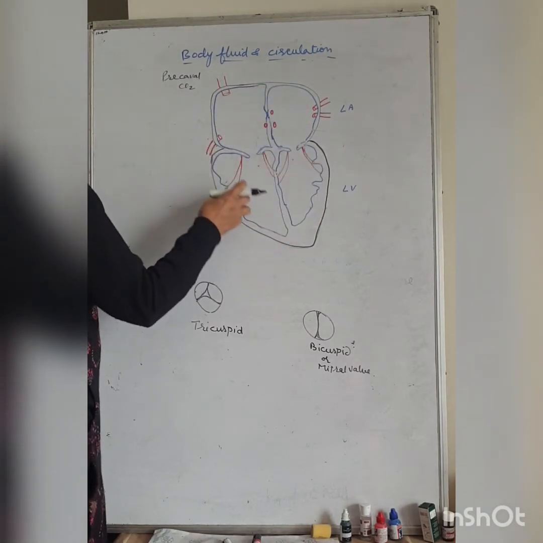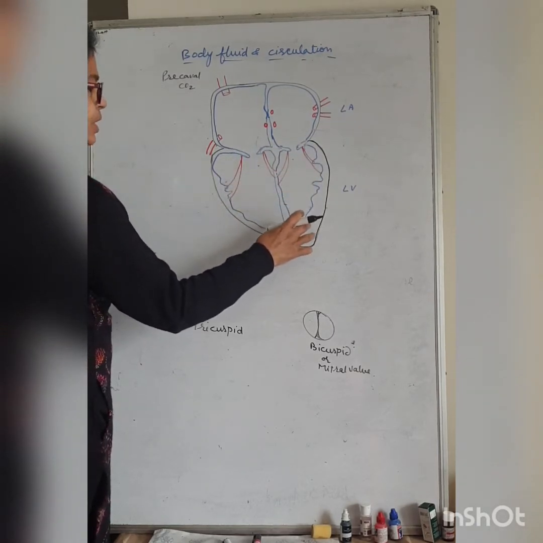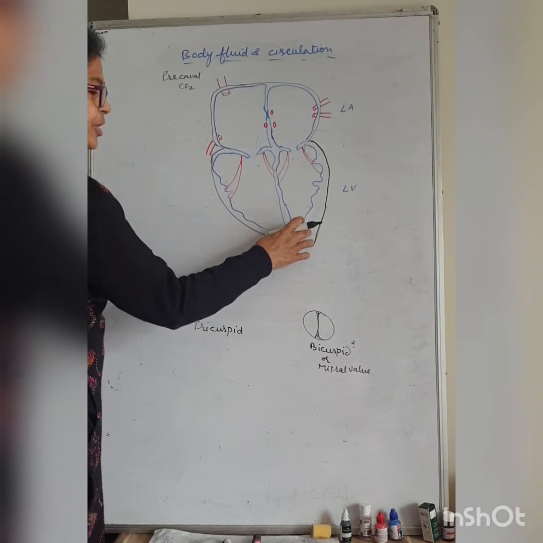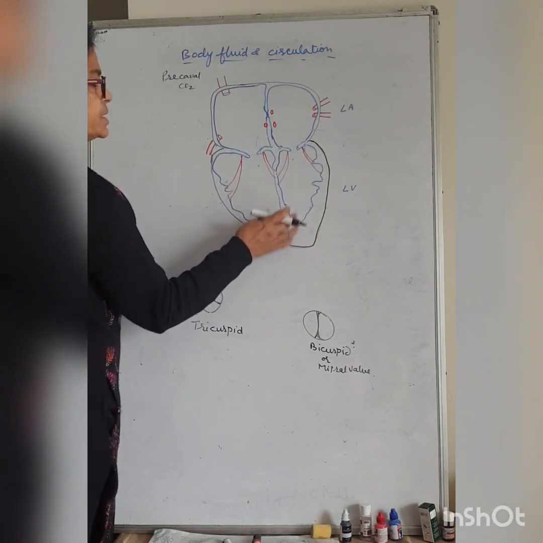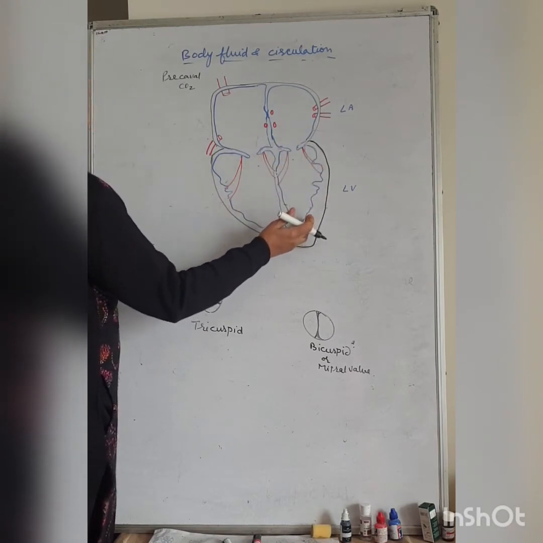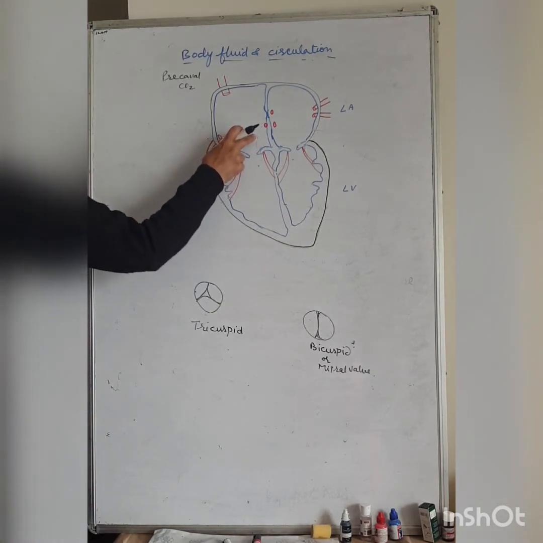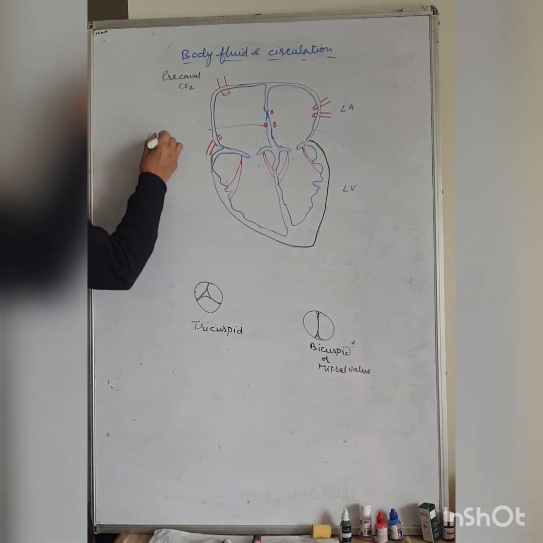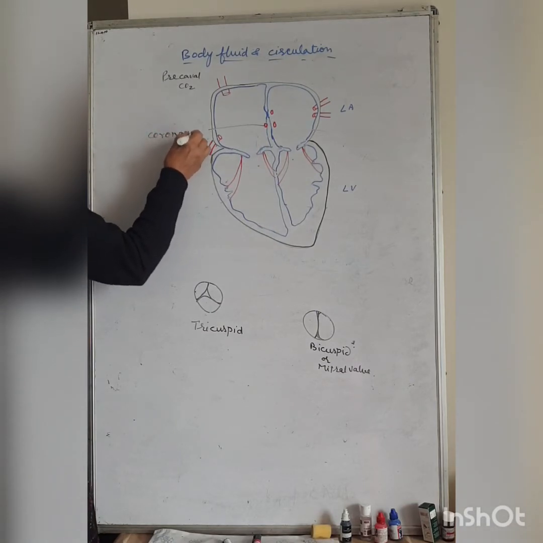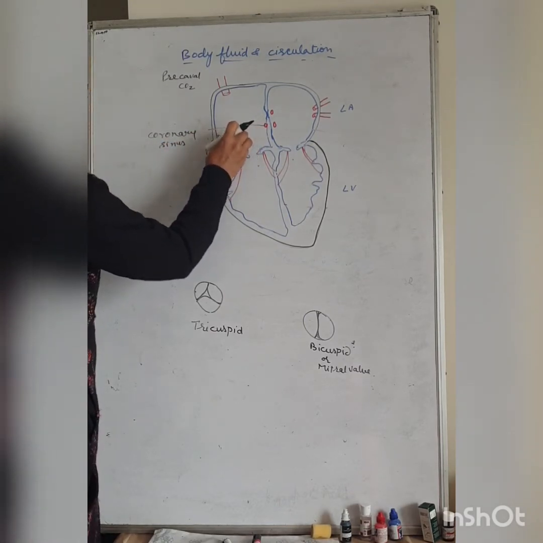The oxygen is used by the cardiac muscles, and the deoxygenated blood from the heart muscles comes into the right atrium, and this opening is the coronary sinus. So this also brings the deoxygenated blood into the right atrium.